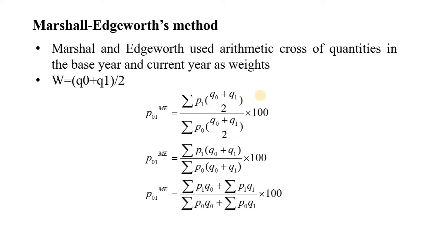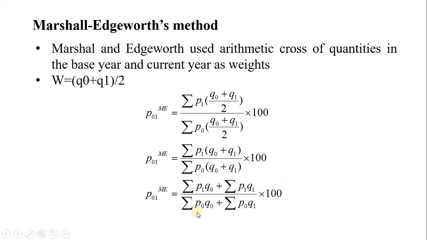In the numerator and denominator, 2 is there, so 2 can be cancelled out. Now it is sigma P1 into Q0 plus Q1 divided by sigma P0 into Q0 plus Q1, into 100. So it will be sigma P1 Q0 plus sigma P1 Q1 divided by sigma P0 Q0 plus sigma P0 Q1, into 100.